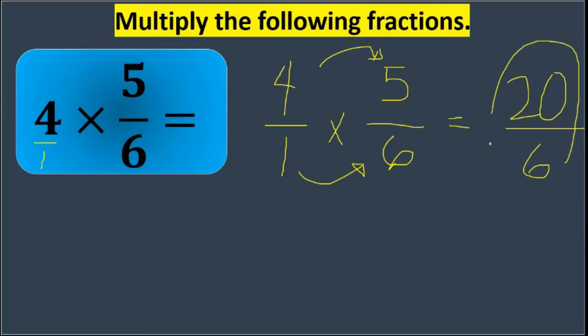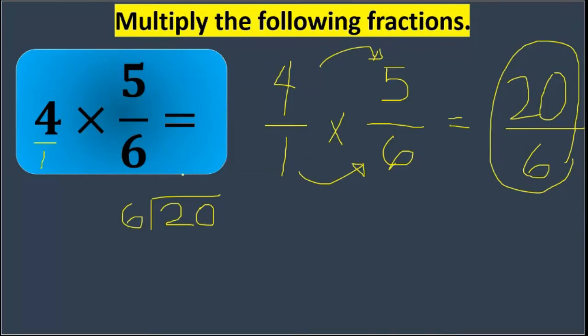What kind of fraction is this? When the numerator is higher than the denominator, we call that an improper fraction. Thank you, Athena. So, for an improper fraction, we need to make it a mixed number using the long method of division.